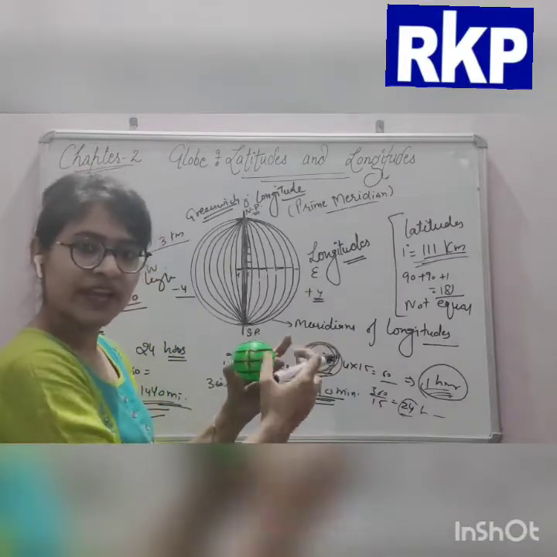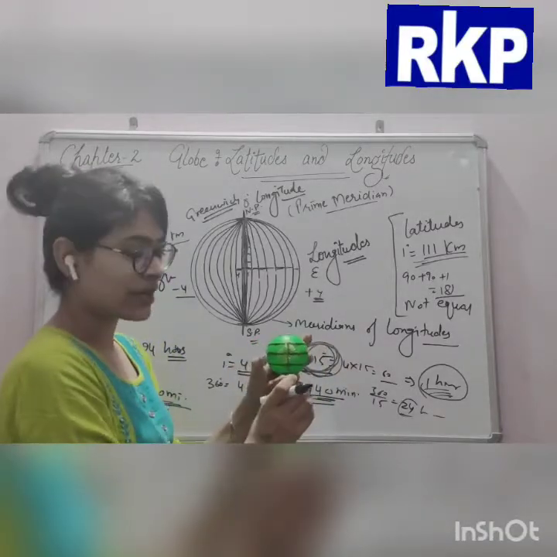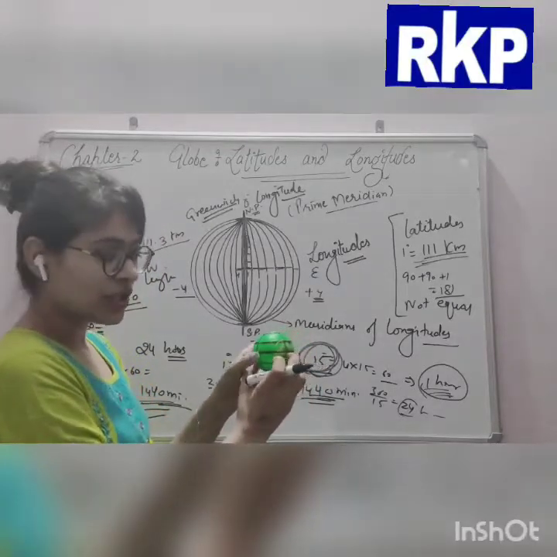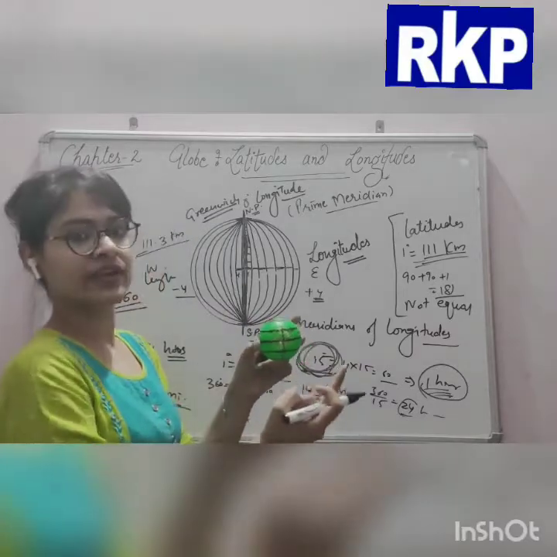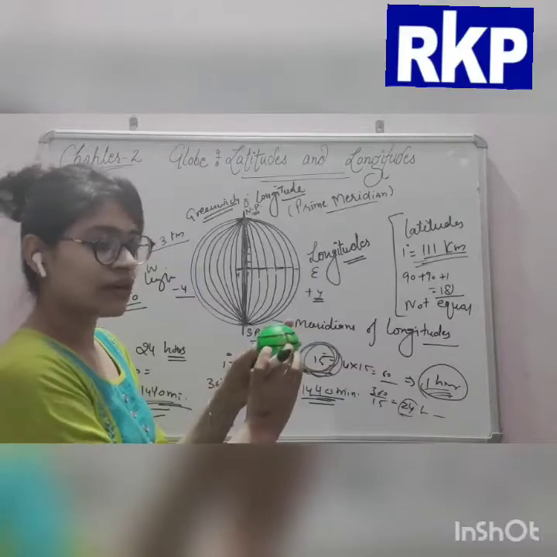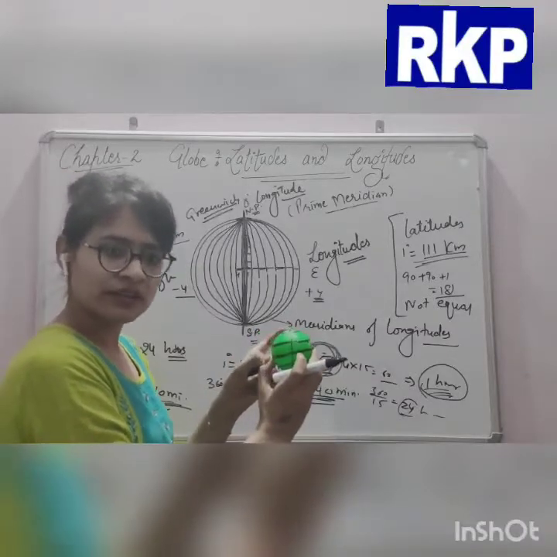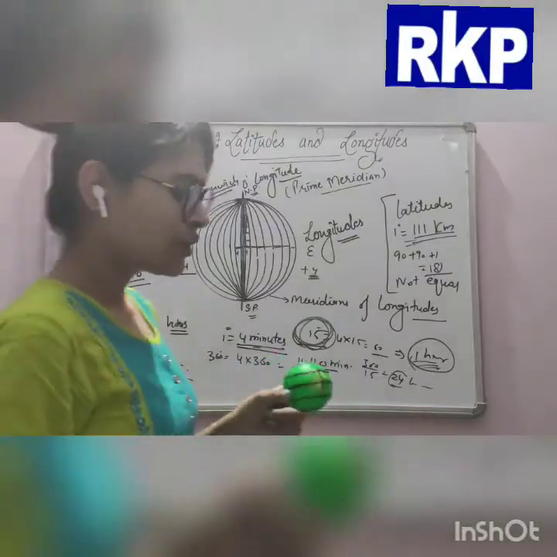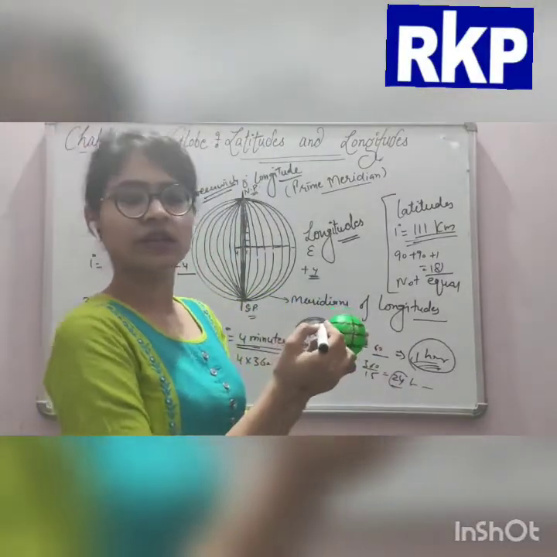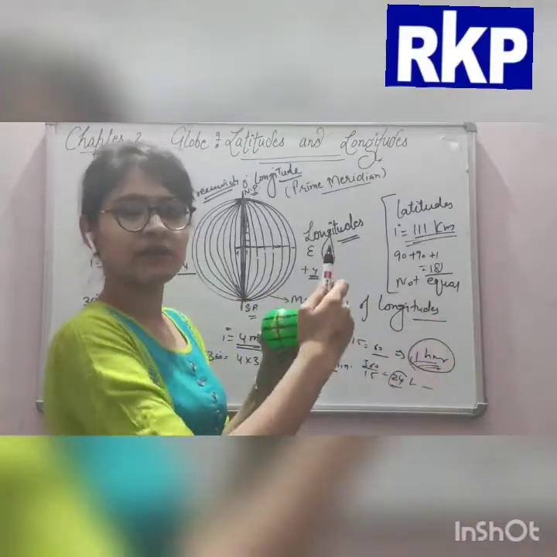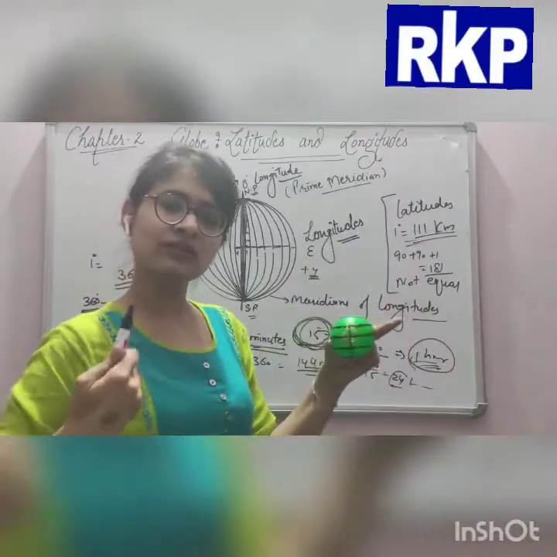So here there is day, but when will the next day start here? If our Earth rotates like this, obviously the Earth will also take time to rotate. This is east and this is west, so it will go like this. So the time in the east will be more than the west side.